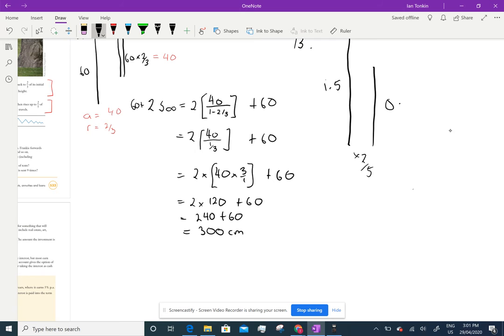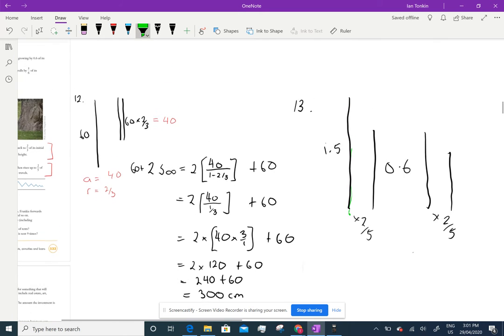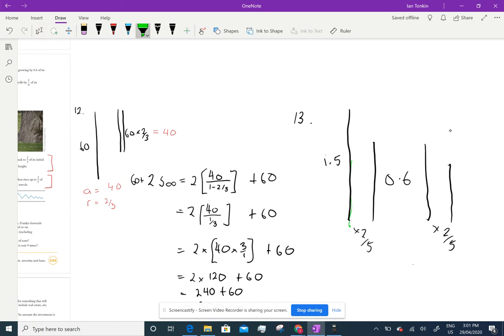So that's 0.6. But then it's going to drop 0.6 again and then bounce up to the next one, which is 0.6 times 2/5. So I'm going to exclude this one and start my series from here and realise that I'm going to have to double it.